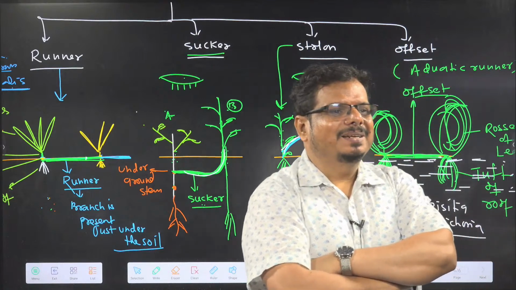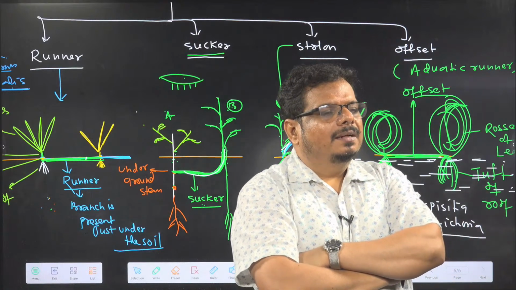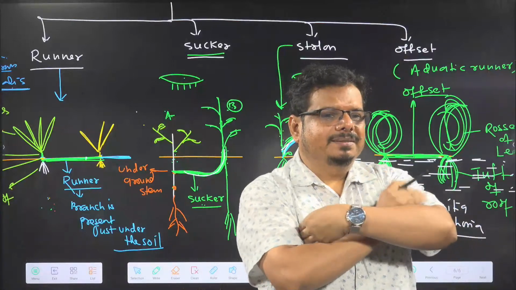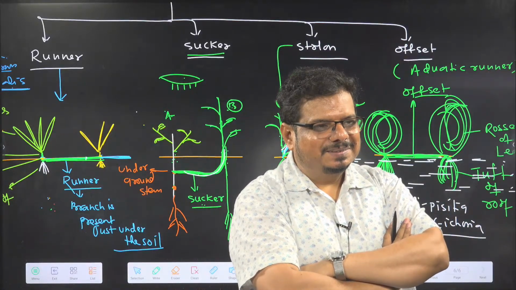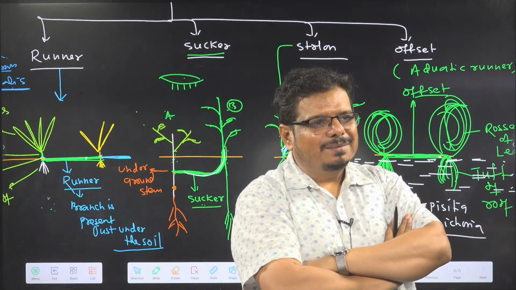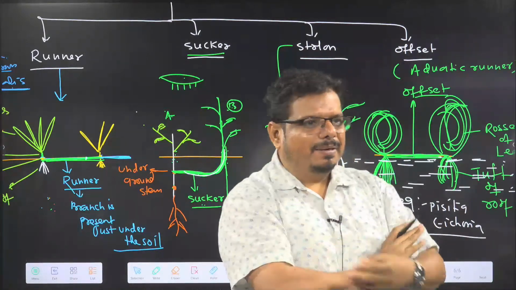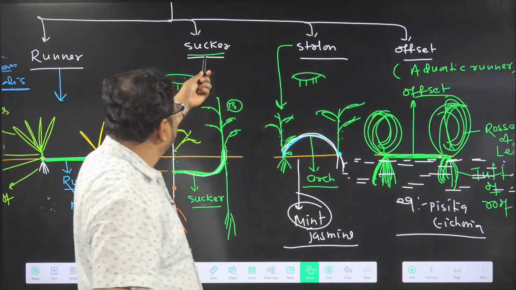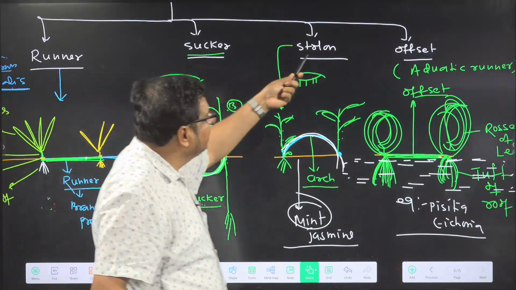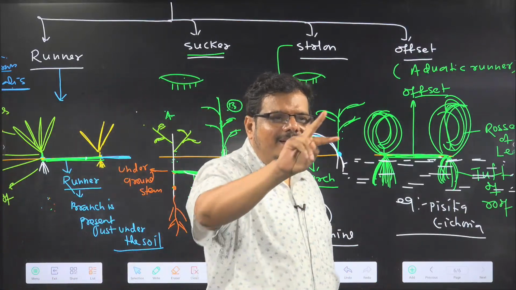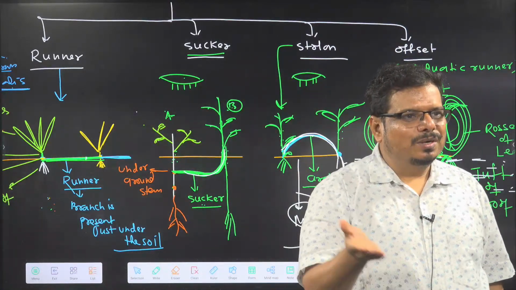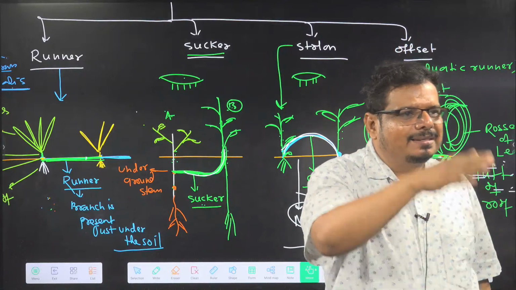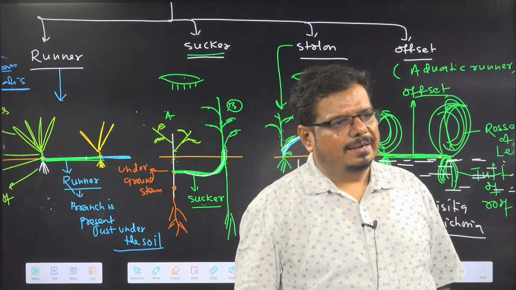Actually, I am telling the real story. There are two types of mint. One is mentha mint, another is peppermint. NCERT does not differentiate that mentha mint belongs to one category and peppermint belongs to another category.